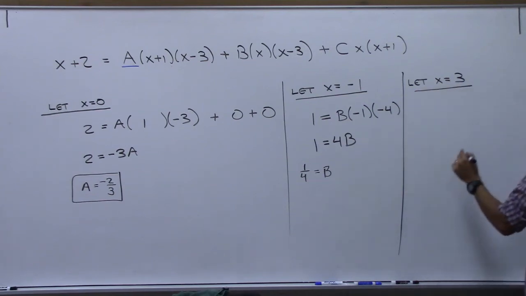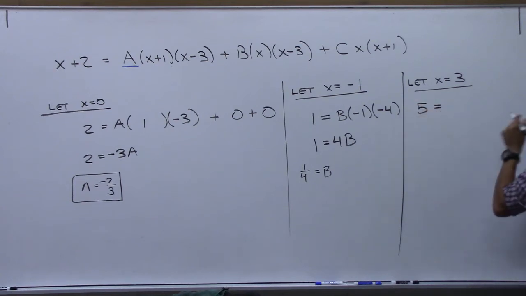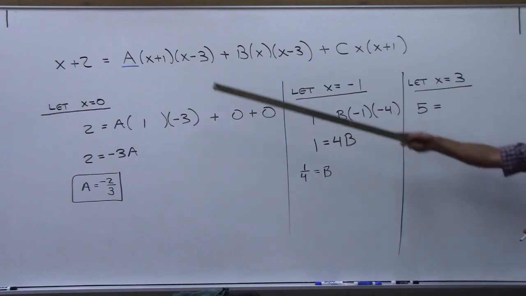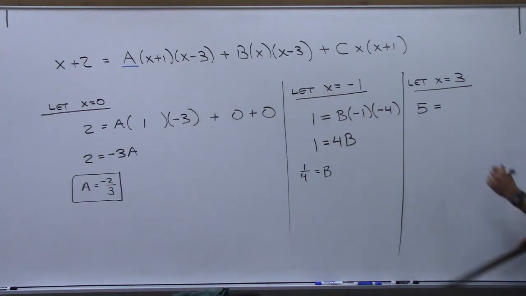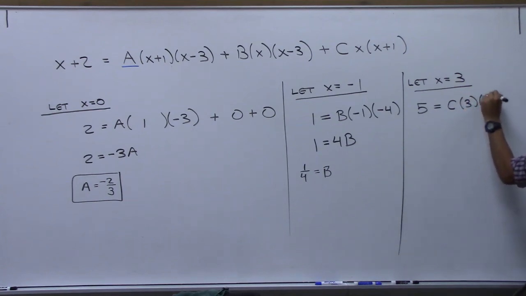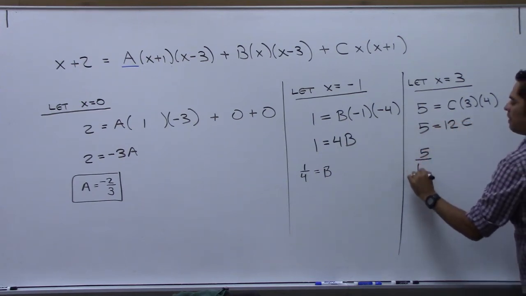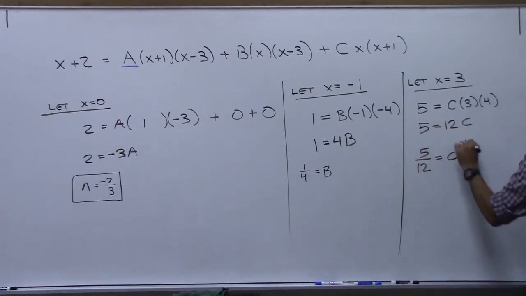Okay, what's the left side? 5, and these two are gone for sure, right? So C times 3 times 4. So 5 is 12C. So C is 5/12.